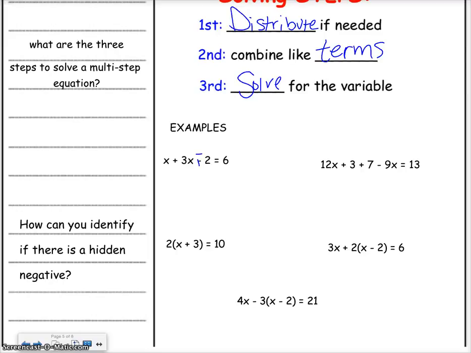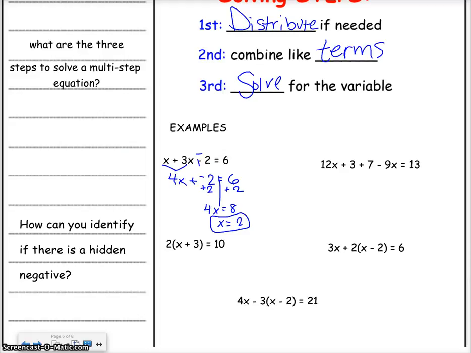The first thing, I can't distribute, so I'm going to go to step 2, which is combine like terms. x and 3x, there's 4 of them now. 4x plus a negative 2 is 6. Plus 2, plus 2. 4x is 8. x is equal to 2. So, distribute, didn't need to, combine like terms, solve.